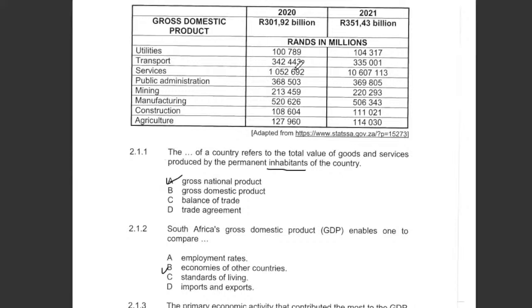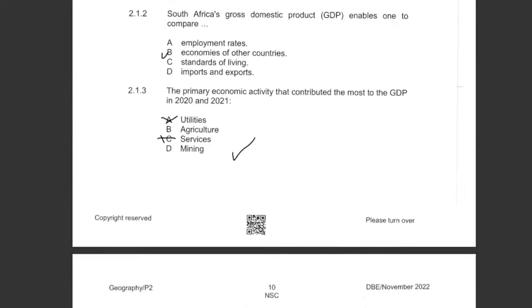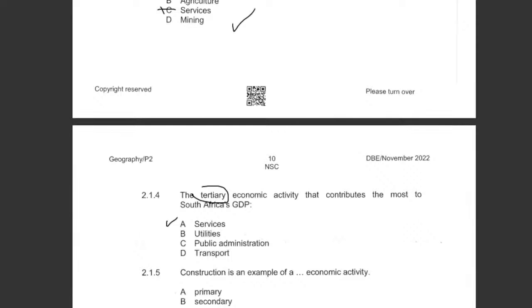This one is 10, this one 3,342, this one is 1 million. When you look at public administration, is that 300, which one has the biggest number? So we look at service as the best option.